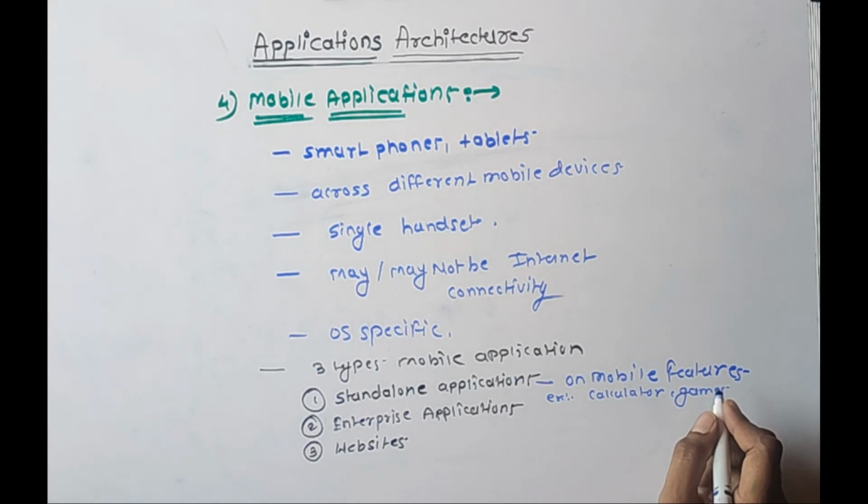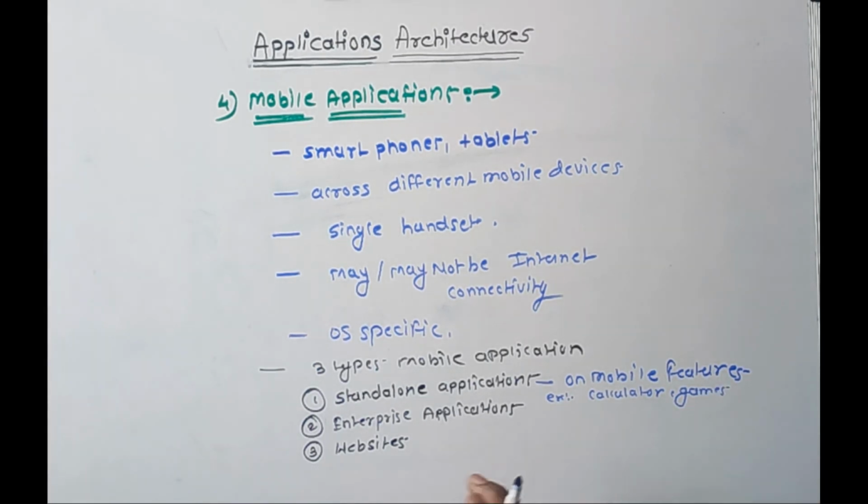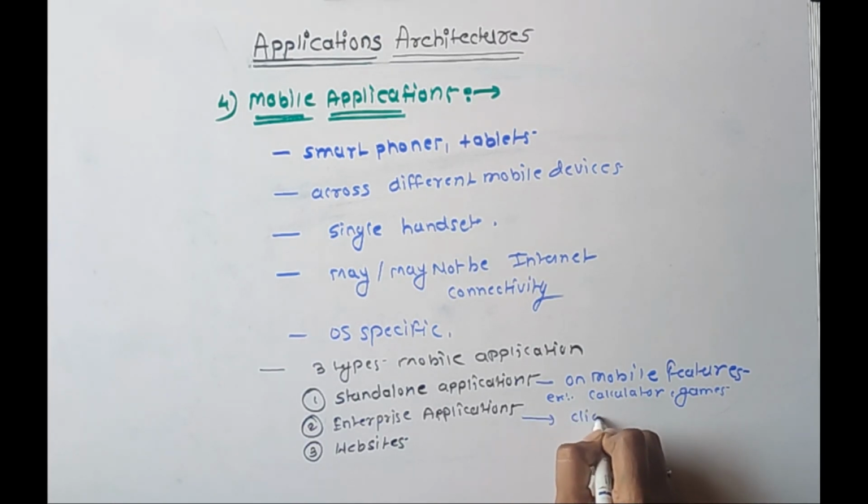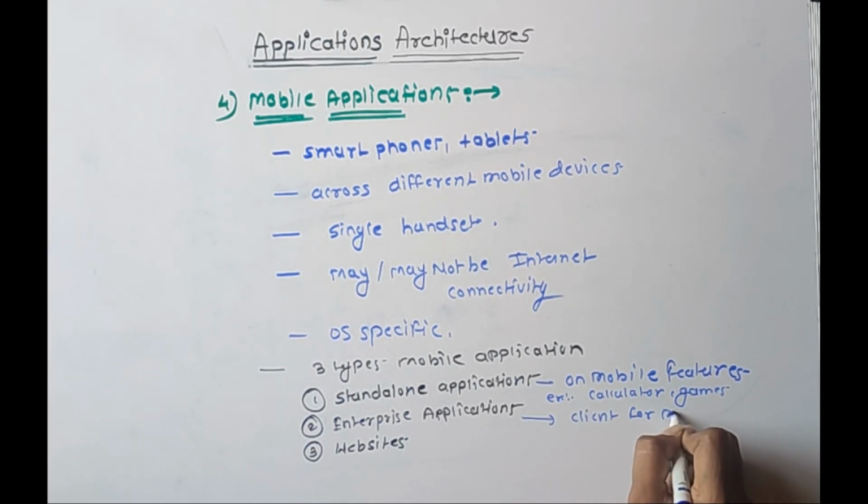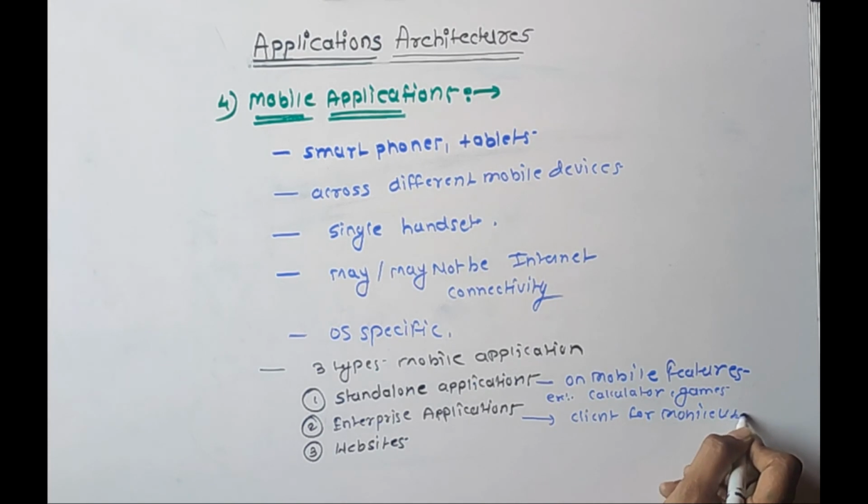In the second one, enterprise applications, the web applications used in enterprise are also made available for use via mobile by developing a client for mobile usage. For example, CRM, customer relationship management software on mobile.